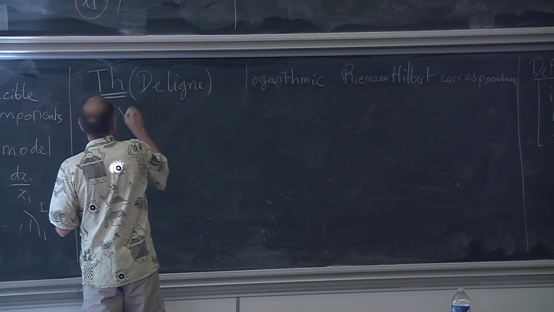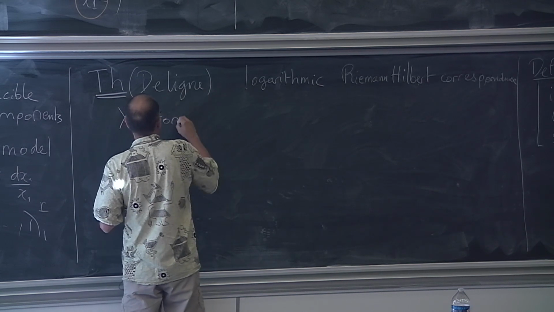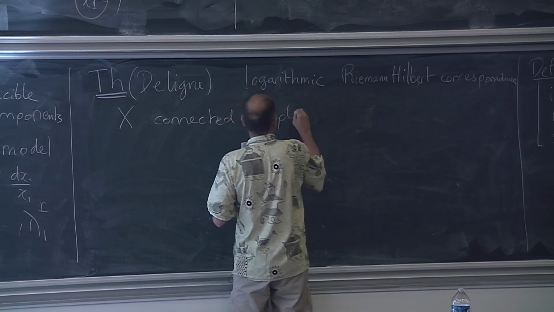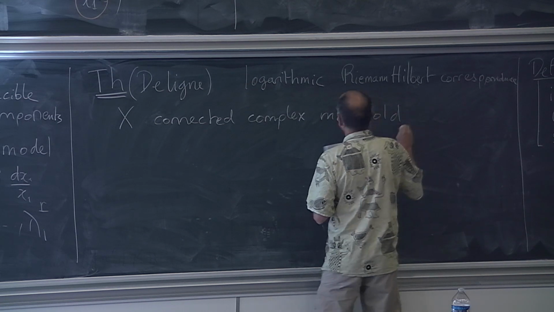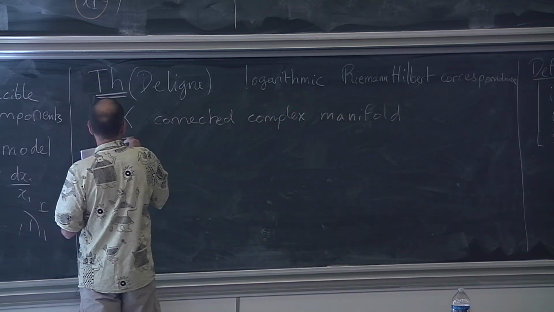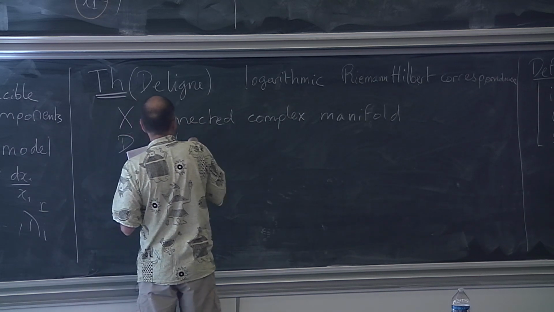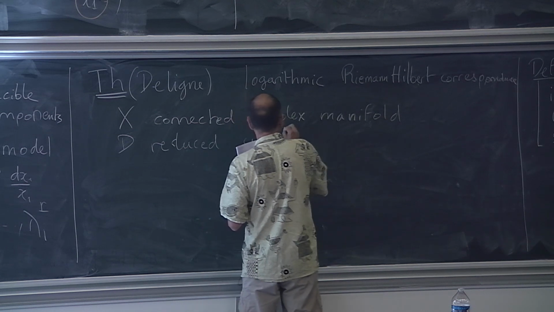X is a connected complex manifold, D is a reduced, maybe simple normal crossing divisor.